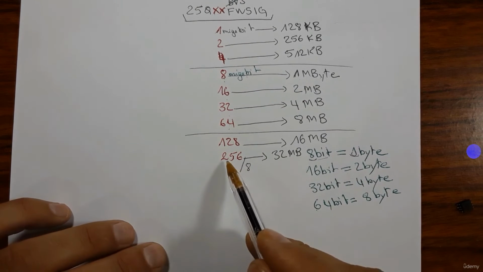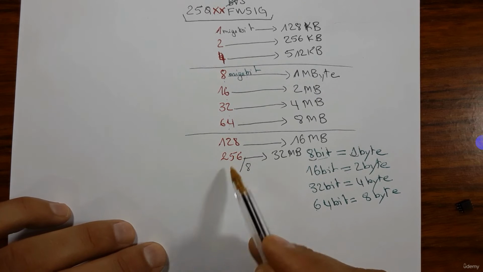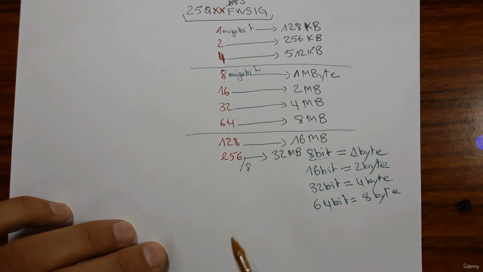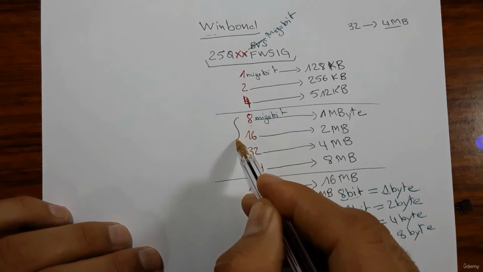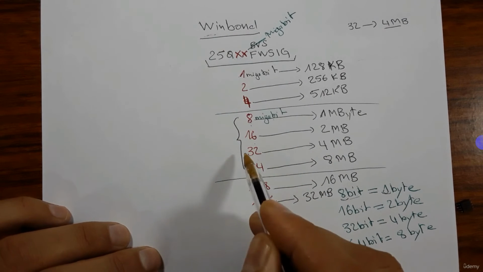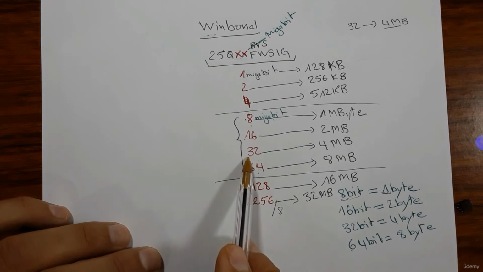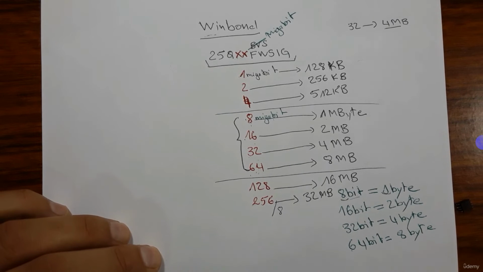Okay, so 256 megabit equal 32 megabyte. But the most used BIOS ICs are those with 8, 16, 32 and 64 megabit.